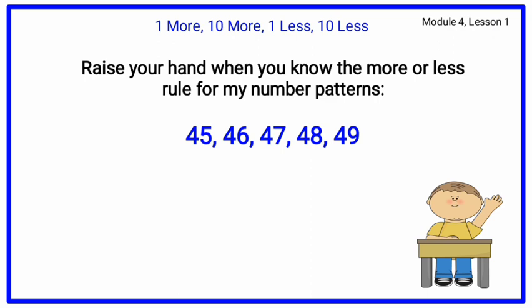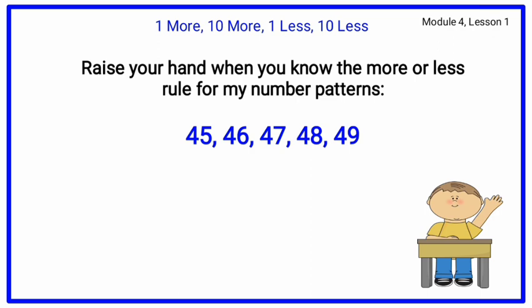45, 46, 47, 48, 49. What pattern did I use? Am I doing 1 more, 10 more, 1 less, or 10 less? 45, 46. Quick look. Take a look at all the ones. Let's call only the ones together.